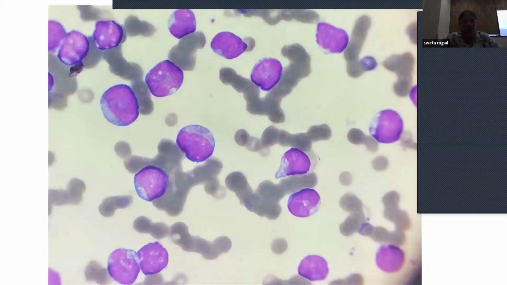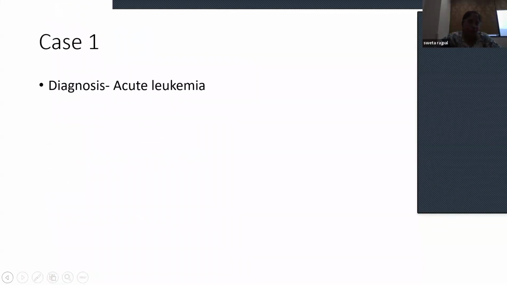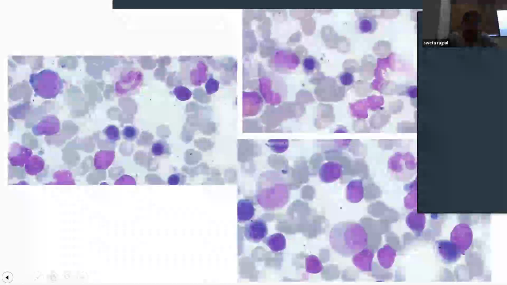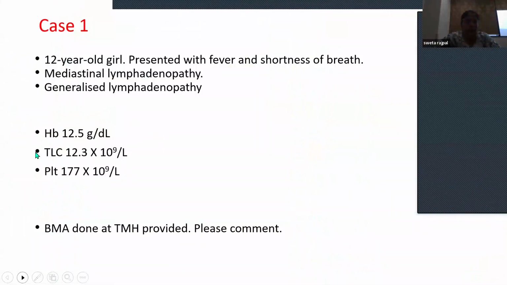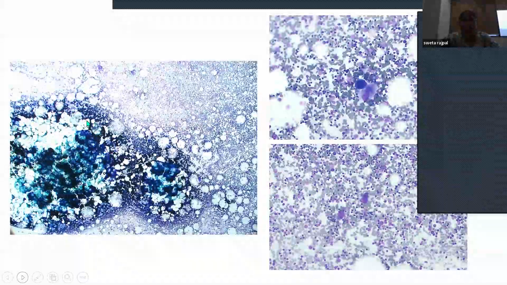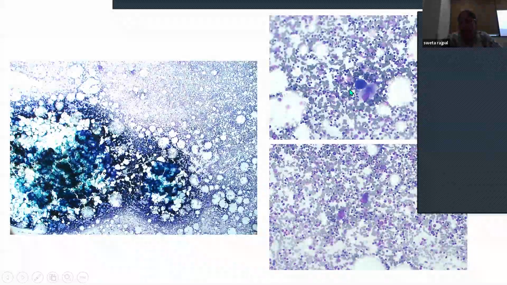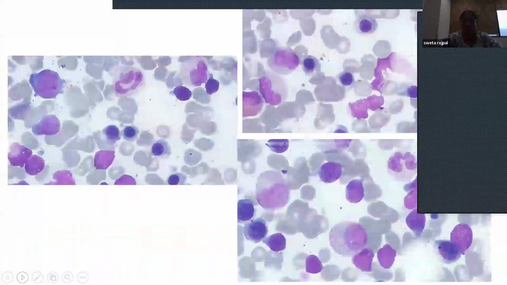So what I showed in the first case, let me go back to the first case. Okay. This is a particle. So what we have are fat spaces and cellular areas, which we see in bone marrow only. We don't see it in peripheral blood. And we also see megakaryocytes in bone marrow, which we do not see in peripheral blood. So this is how we can differentiate between peripheral blood and bone marrow.